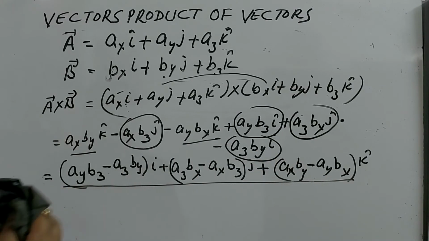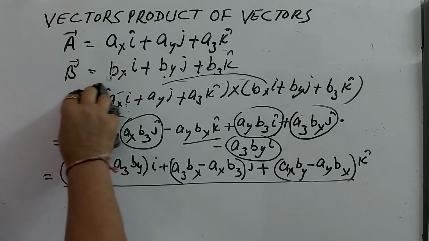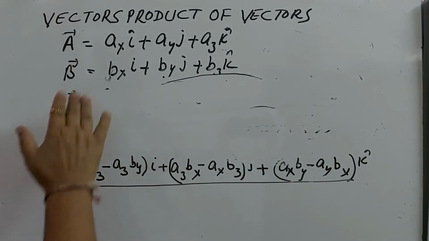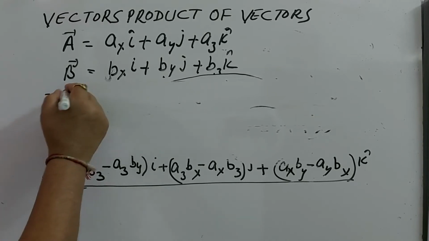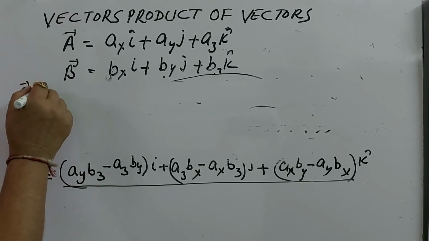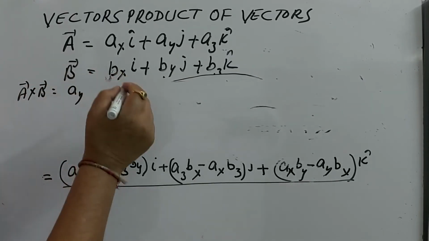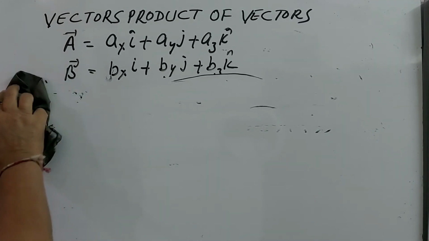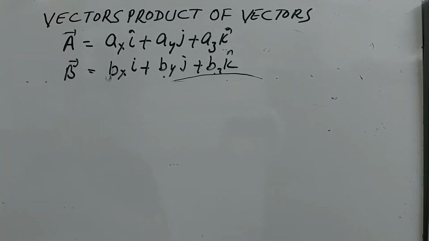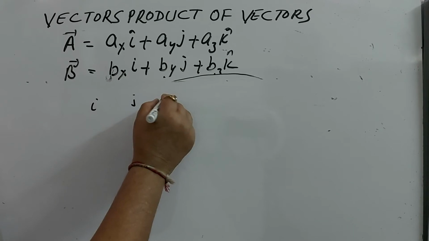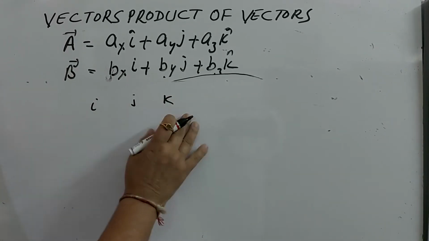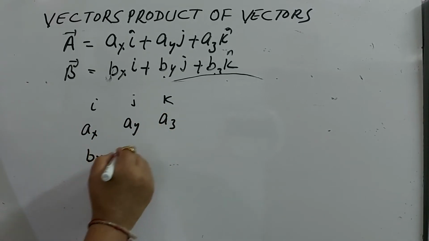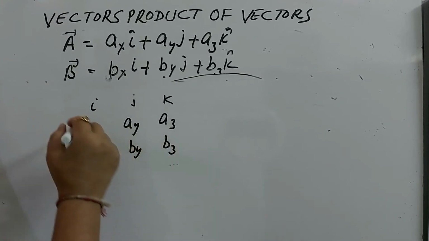So there is another simple way of writing this. The second way of writing this is, you write i j k, this expression in matrix form: i, j, k, and this is ax, ay, az, and this is bx, by, bz.